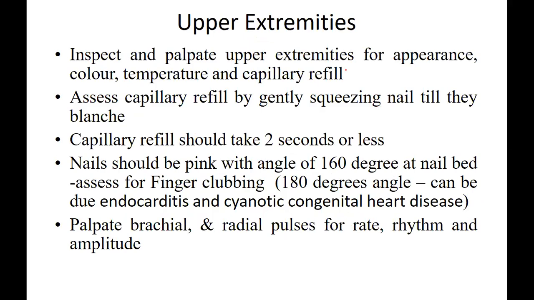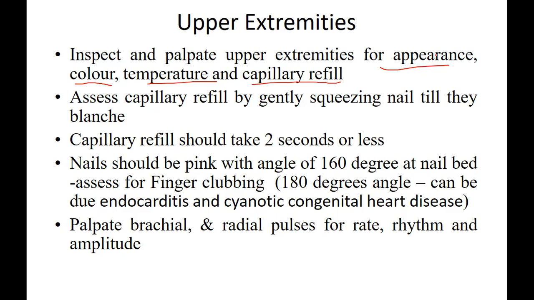Then let us look at the upper extremities. You begin, of course, with inspection. So you want to inspect the upper extremities for appearance. How are they looking? You want to look at the color, feel the temperature, and check capillary refill.